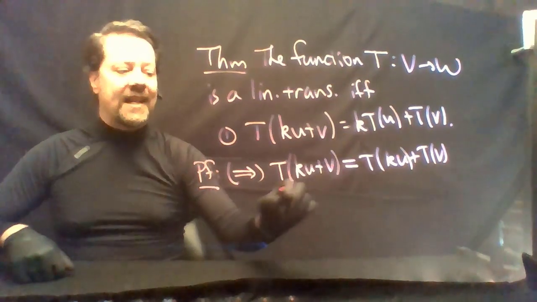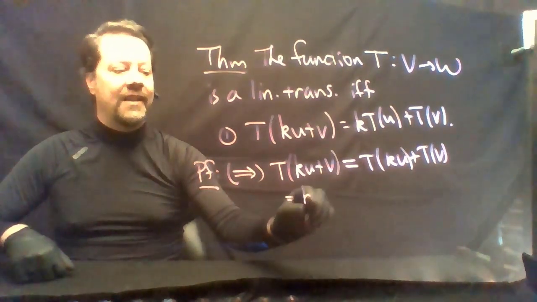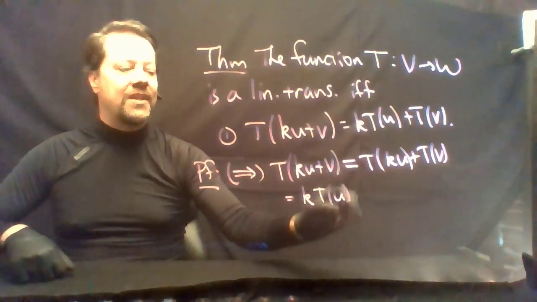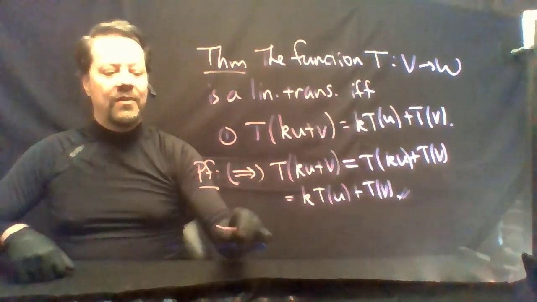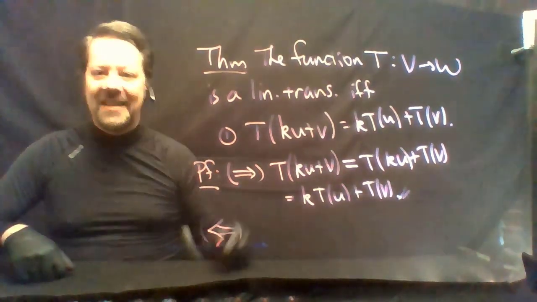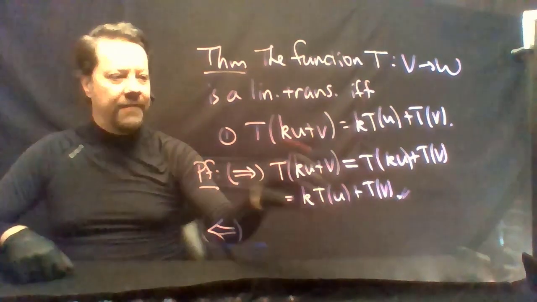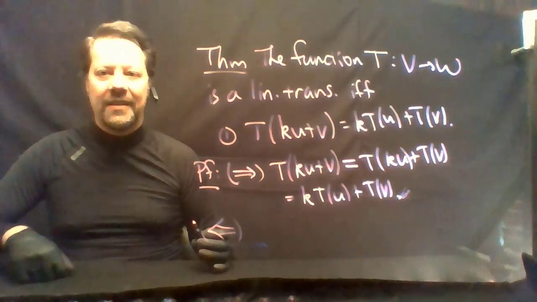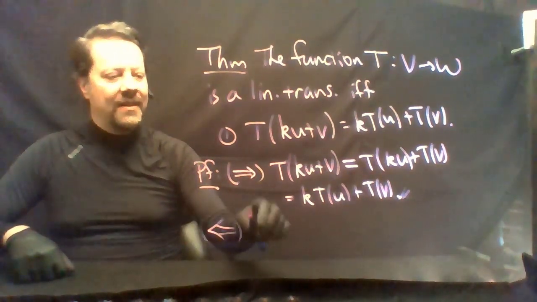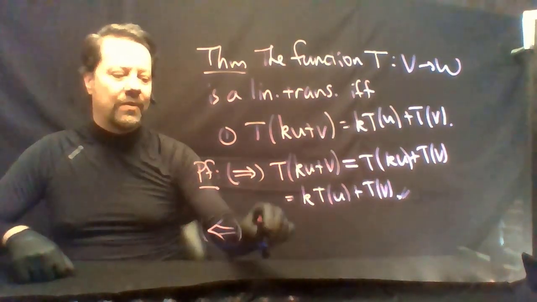And because it satisfies the second property of linearity, you get k times T of u plus T of v. We now need to prove that the implication goes the other way. If this one property holds, then the two properties of a linear transformation hold. So we're going to assume that this property holds.